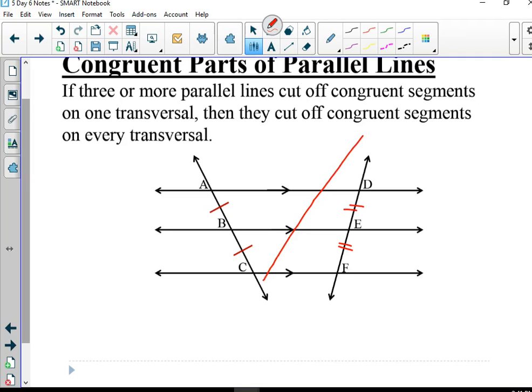If I have my transversal here, this segment is obviously going to be longer than this segment because it's coming in at a different angle. And it's clearly coming in at a different angle than over here. So they're not going to both be the same measurement, but this one will be equal to this one. So they don't all have to be equal, but each line will be equal to itself.